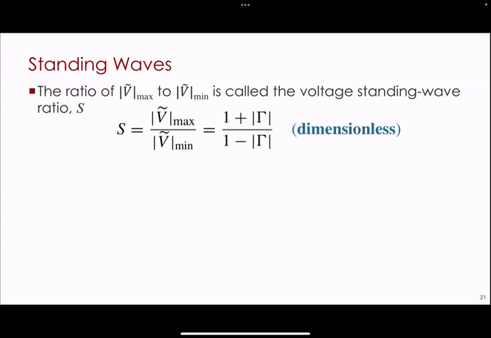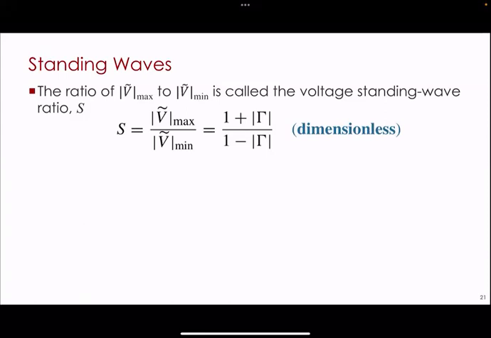And if you looked at where the Vmax occurs, it's when we had that case where the cos equals 1. And you could simplify that down to just 1 plus gamma. And for the Vmin, that was where the cos term equaled -1. And if you plugged in -1 for that, you can simplify it down to 1 minus gamma. It's the magnitude of gamma though, okay?